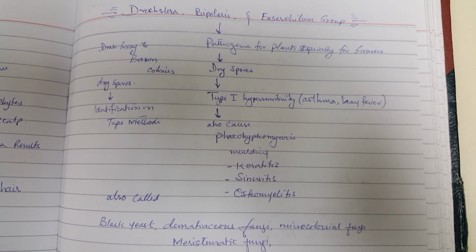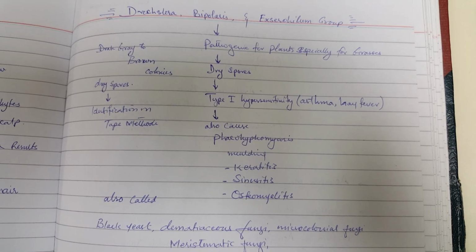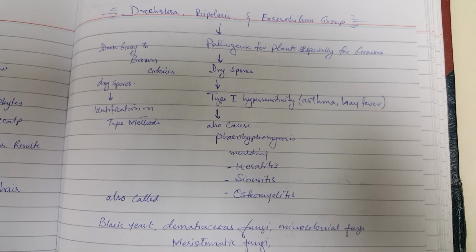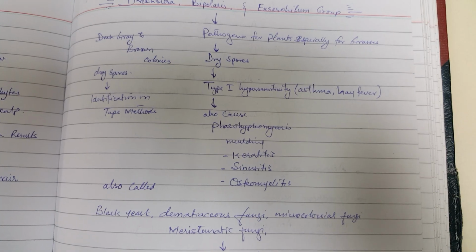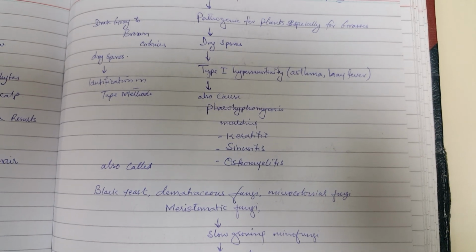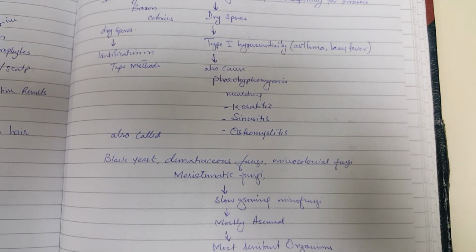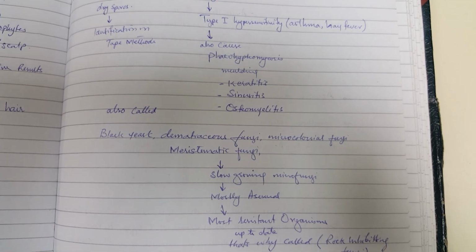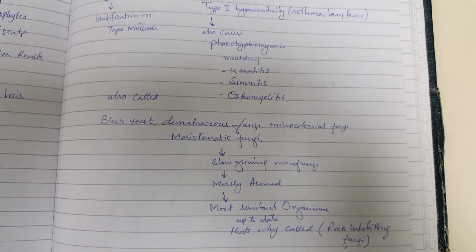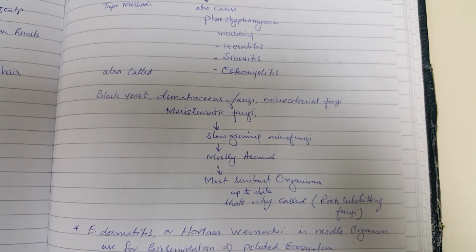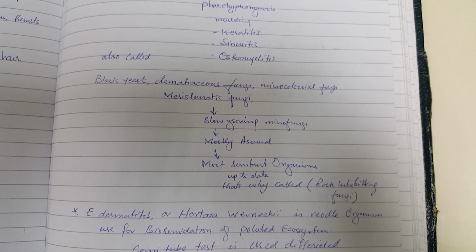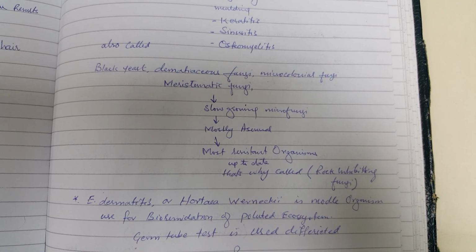They produce gray to dark brown colonies, and their spores are very dry. Identification can be made by the tape method, and they are also called black yeast, dematiaceous fungi, microcolonial fungi, or meristematic fungi. Slow growing microfungi, mostly asexual, and mostly resistant organisms.